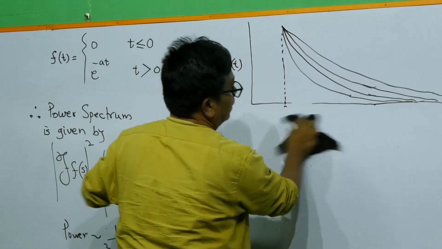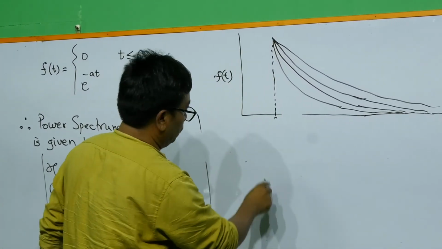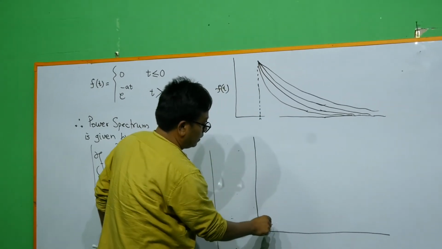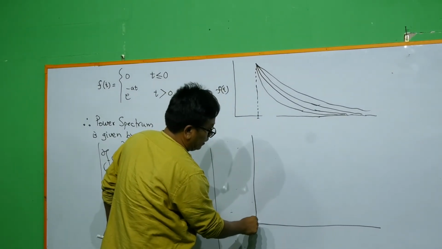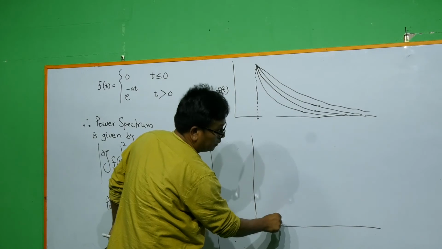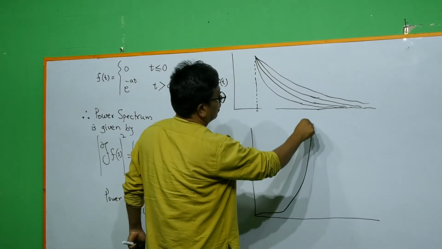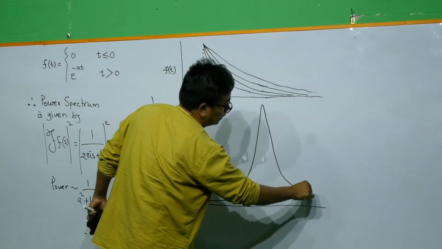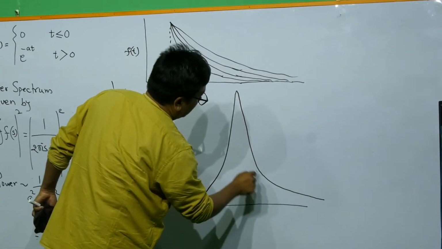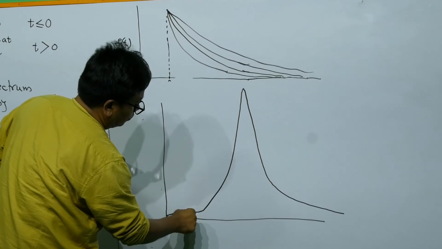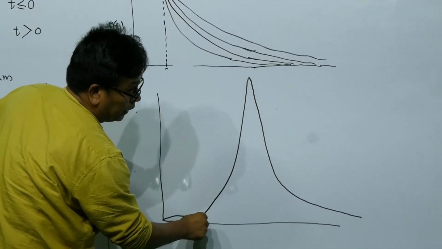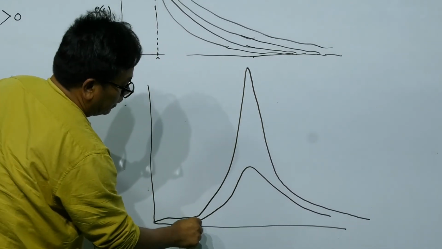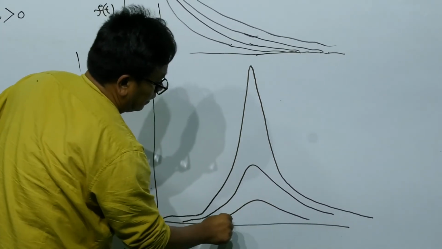This is the decay function, and it will be transformed into something like this. It will go off straight, very sharp, and then decay like this, and in between there are also some small peaks, not so high, like this and like that.